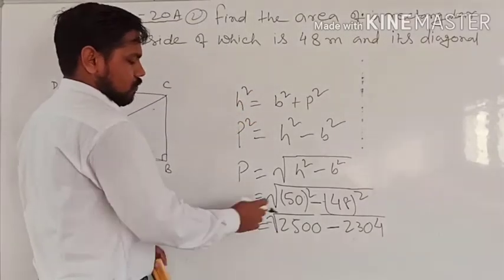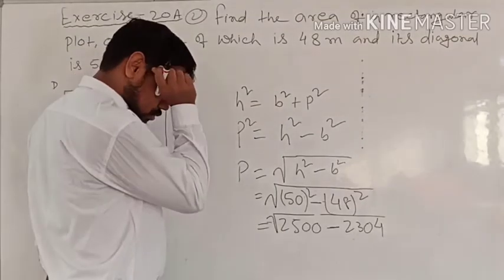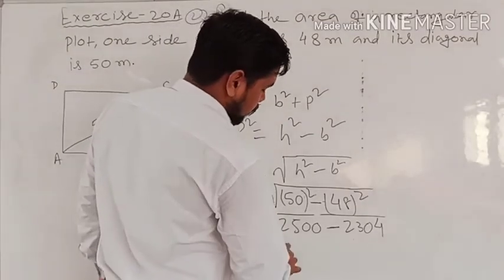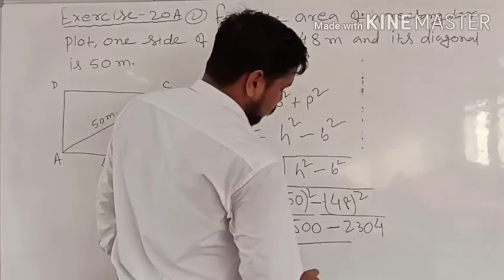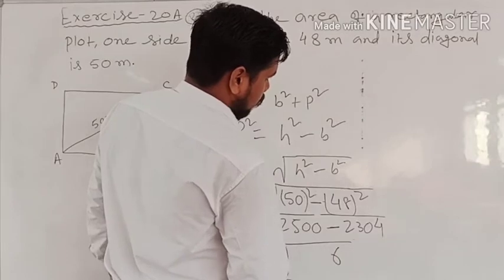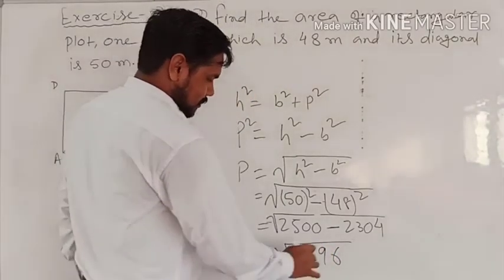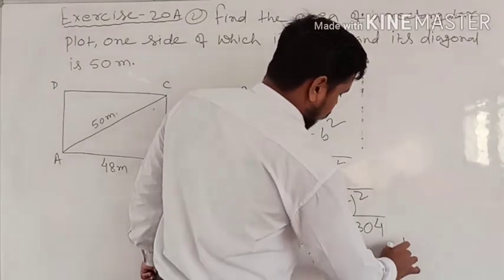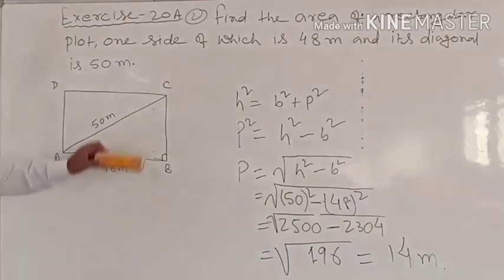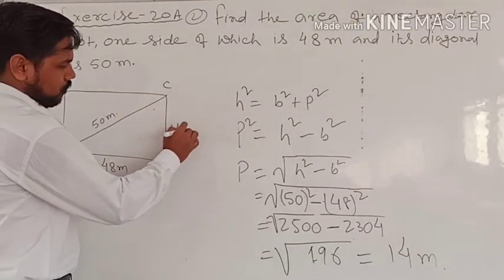So 50 square minus 48 square, that means 2500 minus 2304. If you subtract this, you will get 196, this is the square of 14. So 14 meter will be this perpendicular.